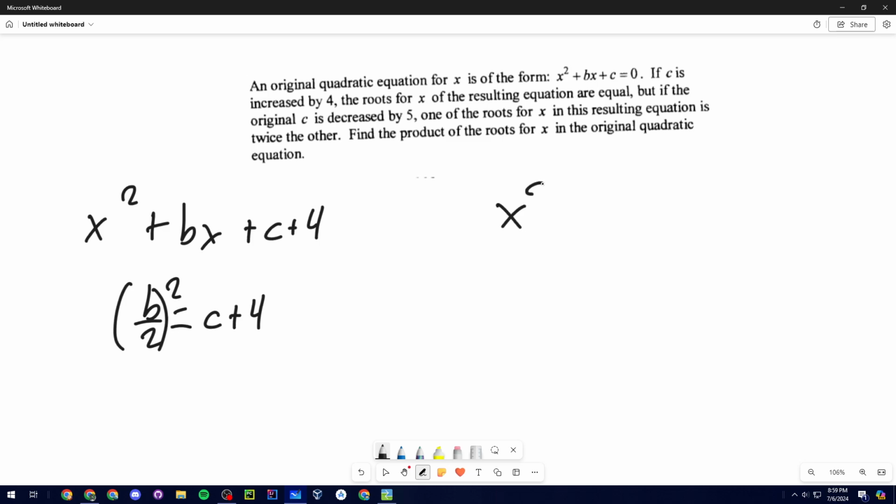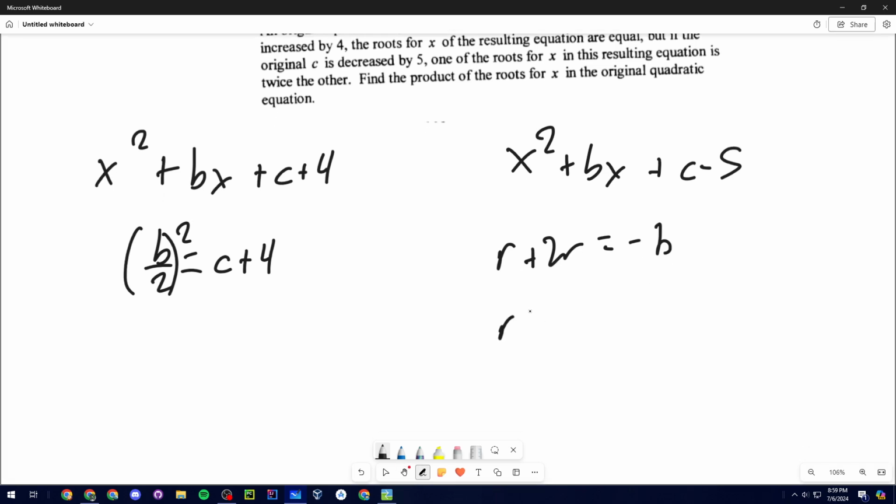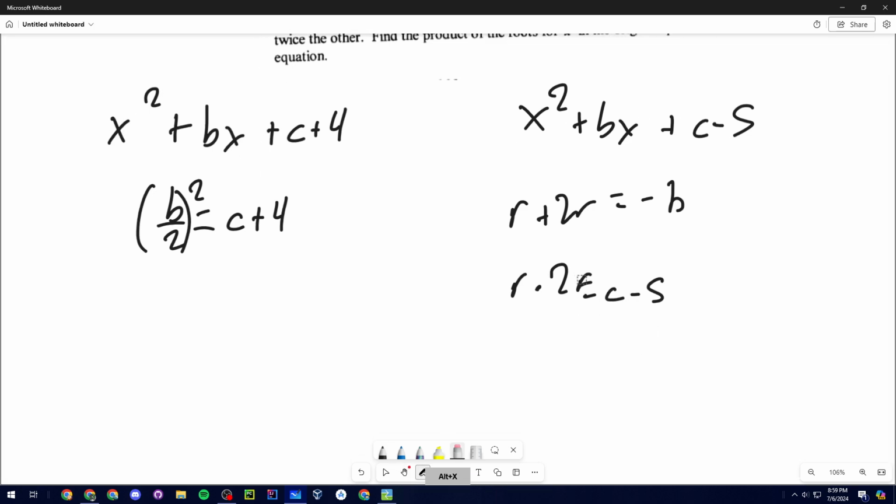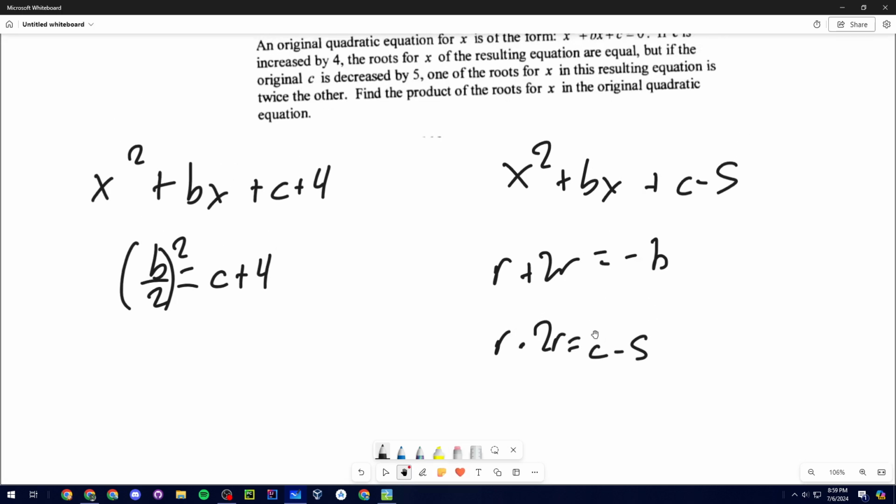Then x squared plus bx plus c minus 5, this is more interesting. One root is twice the other, so you have r and then 2r. That's equal to negative b. Then you have r times 2r equal to c minus 5. What do we even have to solve for? Find the product of the roots in the original quadratic equation. So I think we just have to solve for b and c.